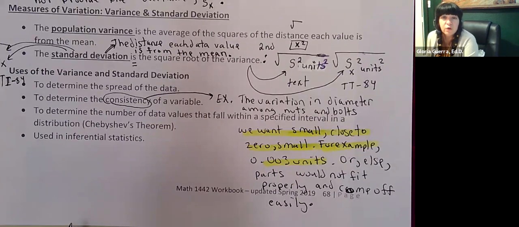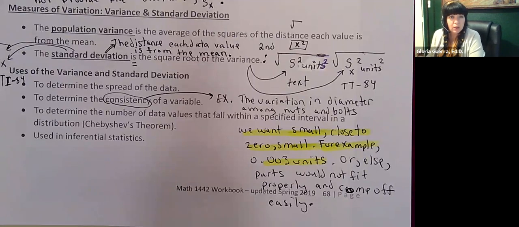You either fall below the mean or above the mean, for example. It's also used in inferential statistics. Now, some of the characteristics of variances and standard deviations: they're usually positive and never negative.